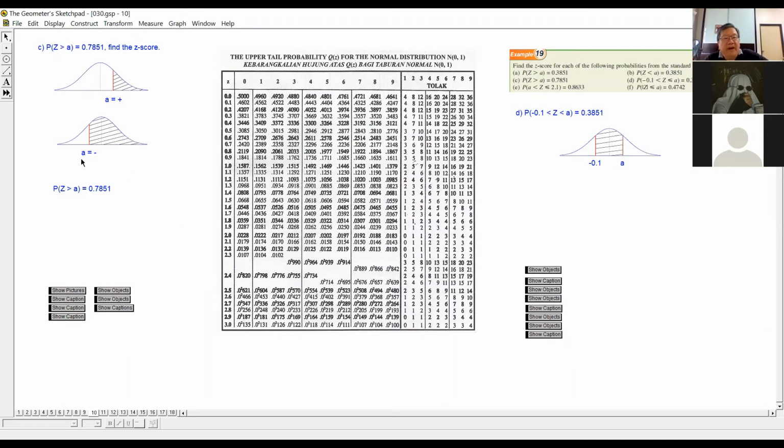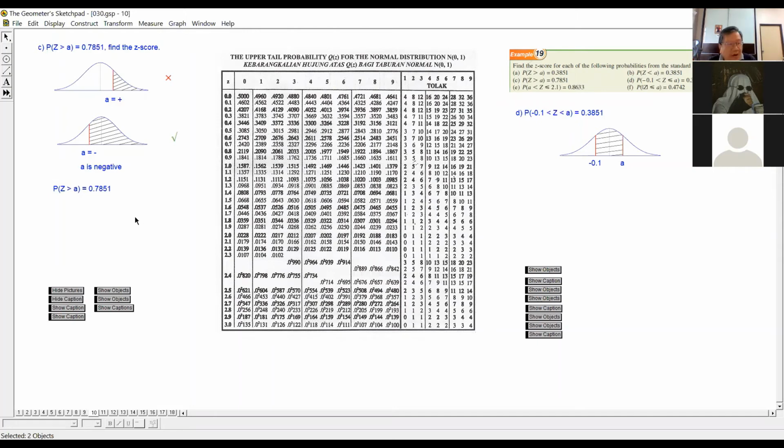So now we bear in mind that A should be a negative number. But again, this number, Z greater than A, 7851, cannot be found in the table because our table only gives you a number less than 0.5. So we have to find the complement. We have to use 1 minus this number. We decided the bottom one is correct, so I use 1 minus this number.